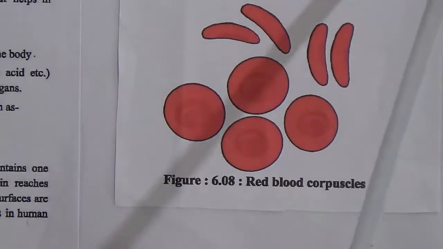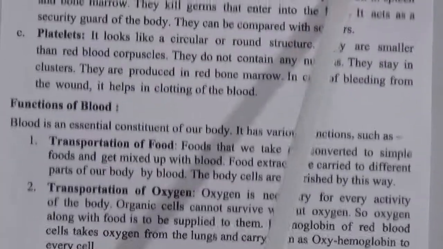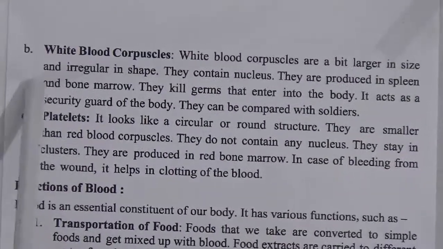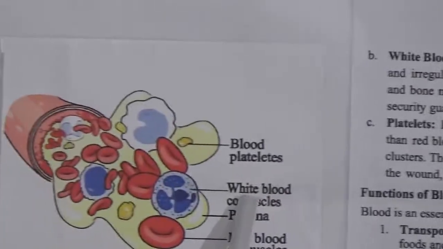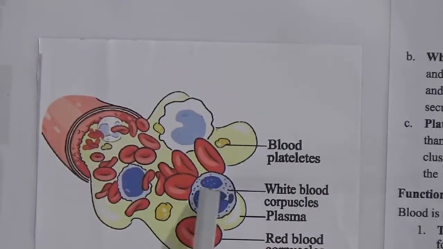Now, white blood corpuscles. White blood corpuscles are a bit large in size and irregular in shape. If you can see this picture again, here is a white blood corpuscle and it is bigger than the other blood corpuscles.